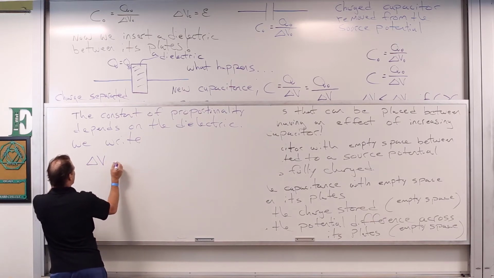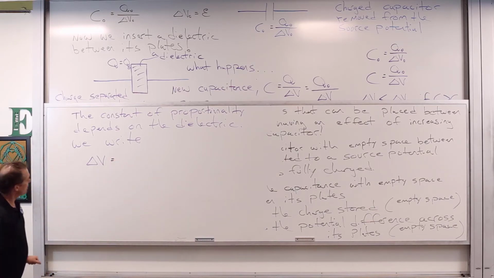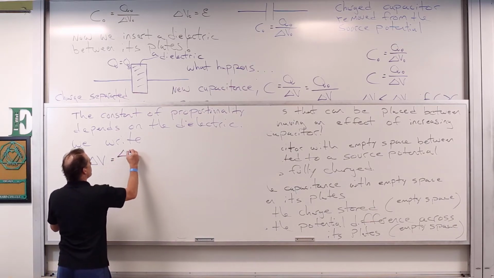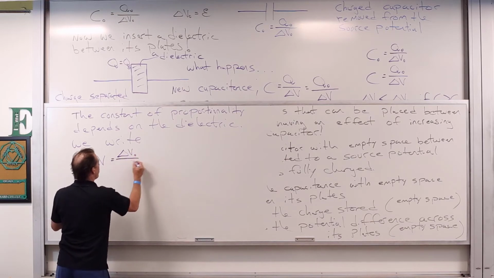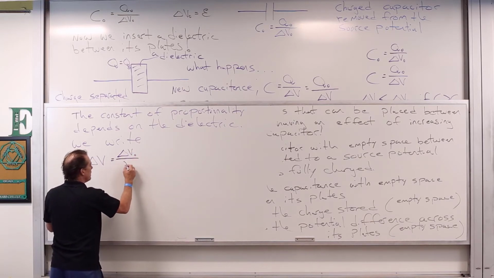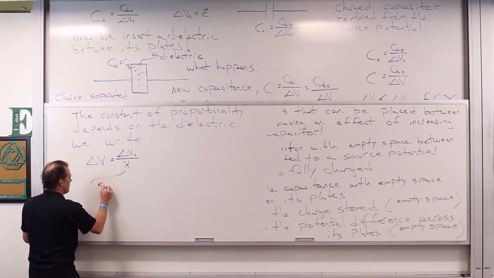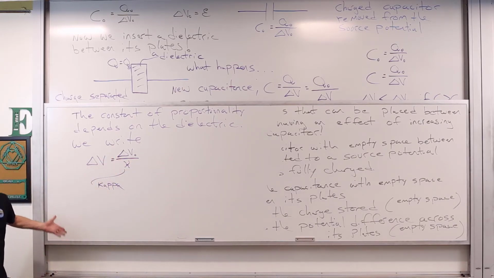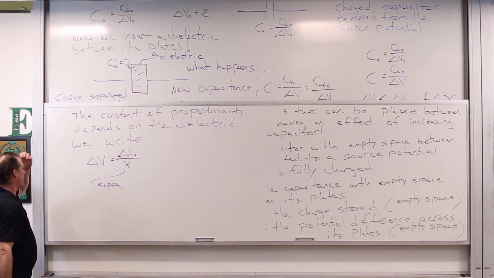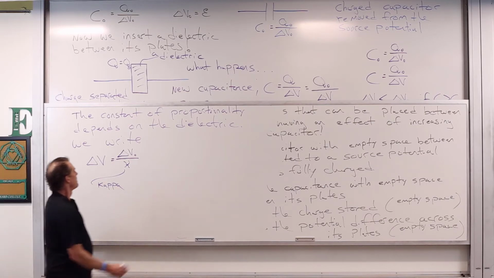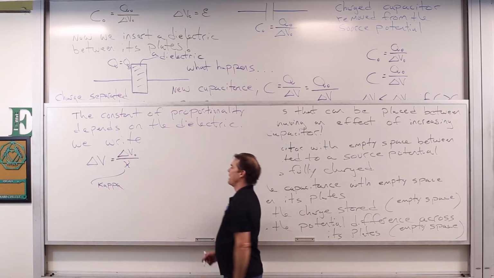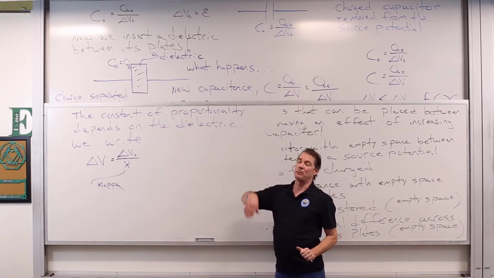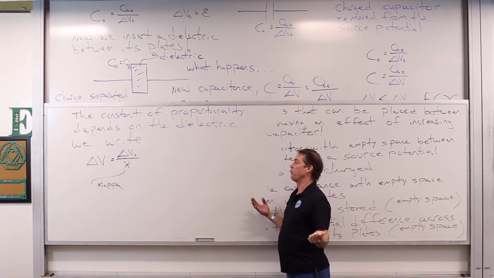Which way do we want to write this? We'll write that delta V is equal to delta V sub 0 divided by this little K looking thing. It's the Greek letter kappa, but it looks kind of like a K. That's it. This is the constant of proportionality, or 1 divided by that is really the constant of proportionality.